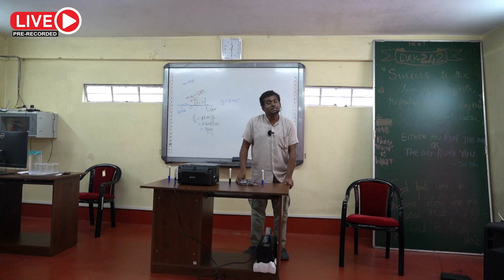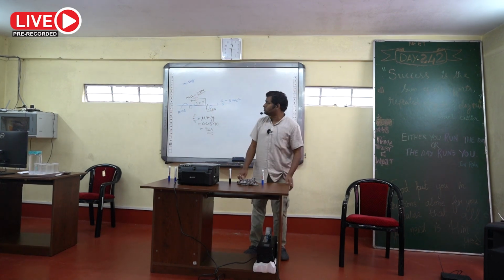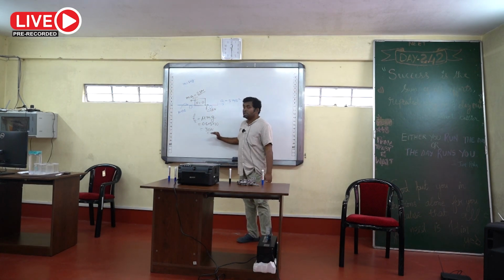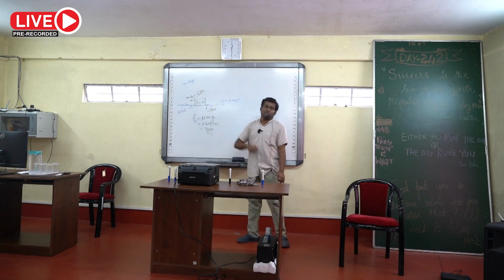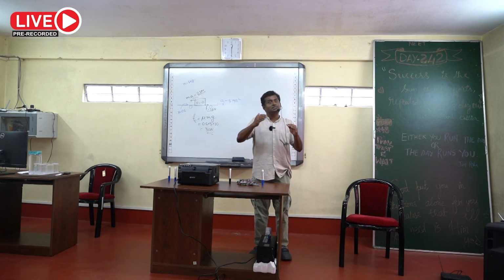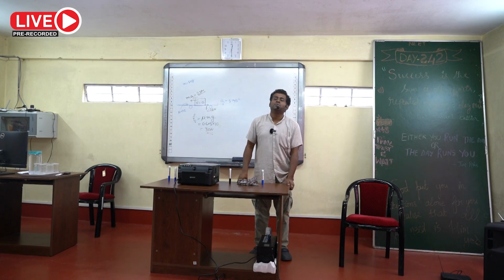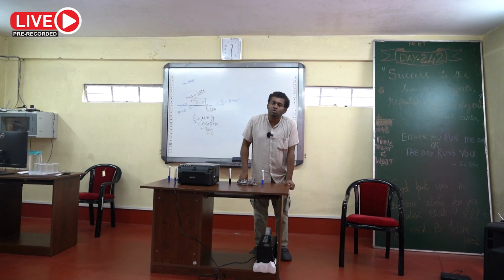No. In that case, the body will accelerate with respect to this surface, or the body will move with respect to this surface and it will accelerate. And if the applied force is less than this limiting value 30, the friction will increase its value to cancel your applied force, and as a result the net force on the body is 0. So the body will not move with respect to this surface of the truck.